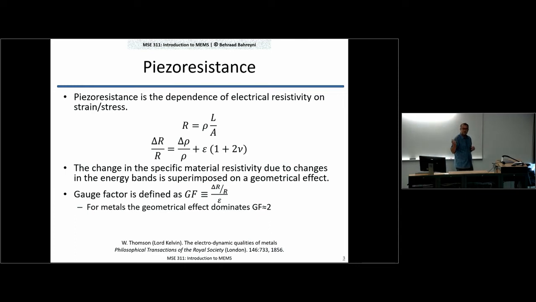Nu is typically somewhere between 0.2 to 0.3, 0.4. So the gauge factor for metallic strain gauges is about 2, because you don't get a contribution from the first term, a very small one, and for the second term, the most you can get is about 2 for these metallic gauge factors. Strain gauges, we call them, right?